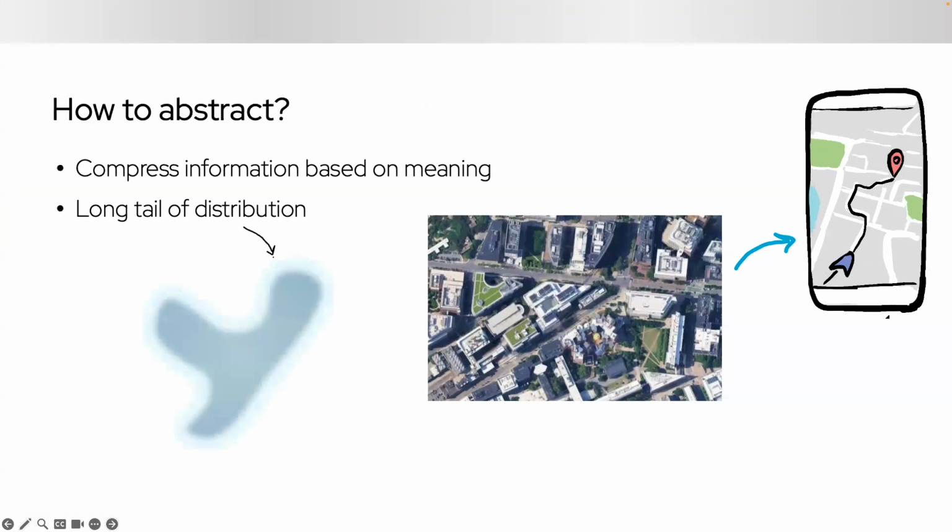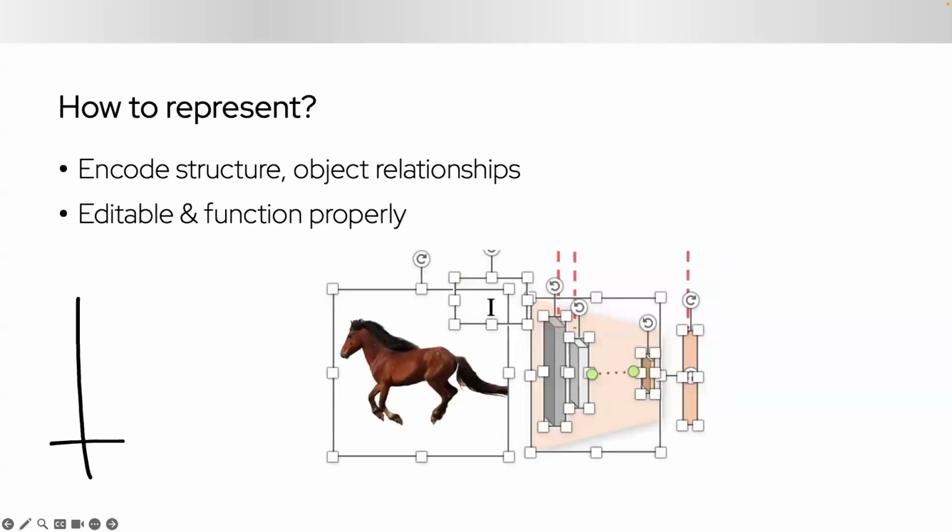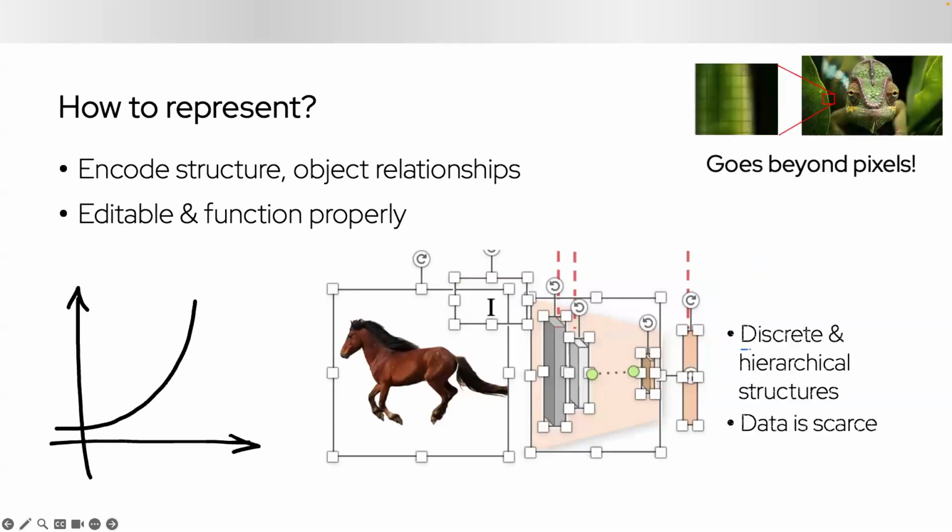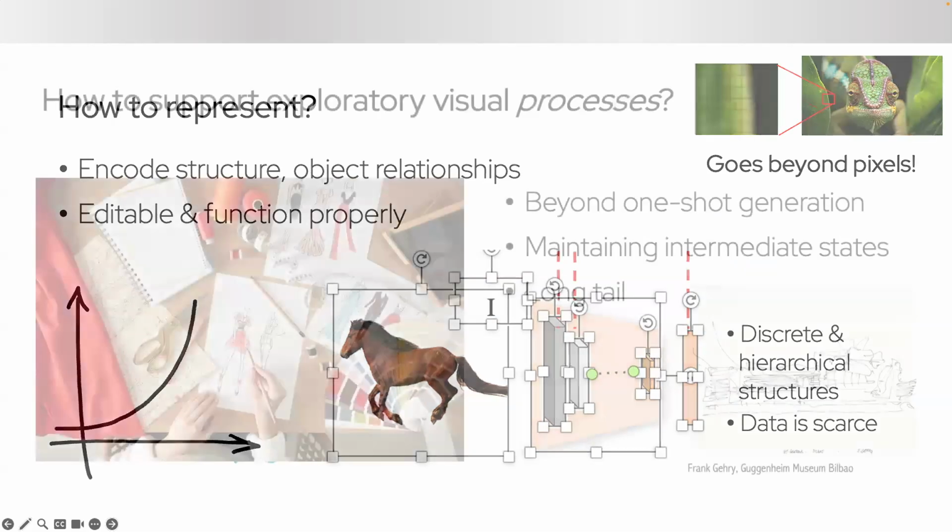And also often very abstract representations are the long tail of the distribution if you think about all the images we have online. In addition, across the spectrum, often we want representations that can encode a structure or complex relationships within objects, and we want them to be editable. And these often go beyond the standard representation of pixels, which also introduces some interesting challenges.